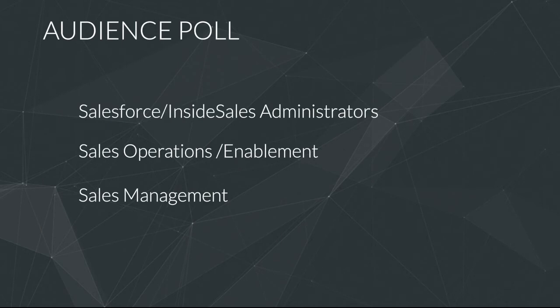Sales management, that's pretty self-explanatory. For you guys, I'll try to point to dashboards, reporting, things like that you can follow up with your administrators and see, after implementing something, how's it going? How's it working? What do we need to change? And reporting back on this.